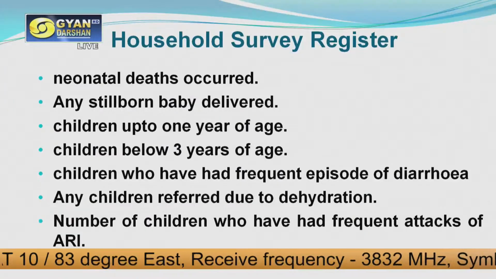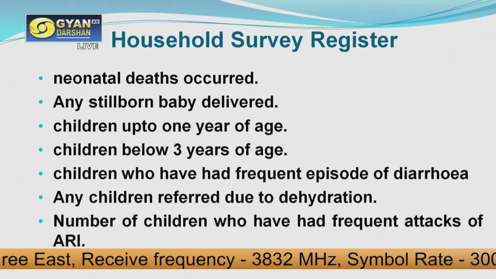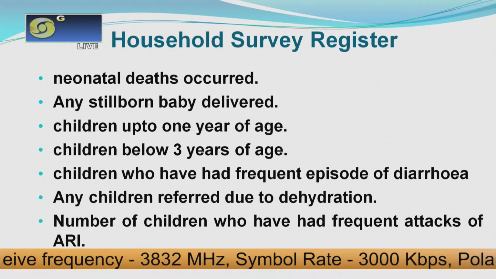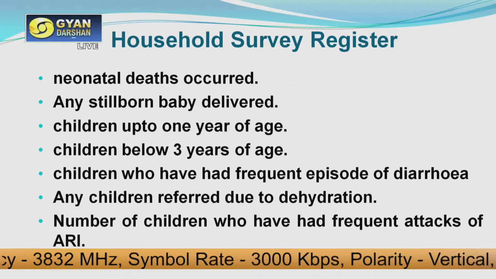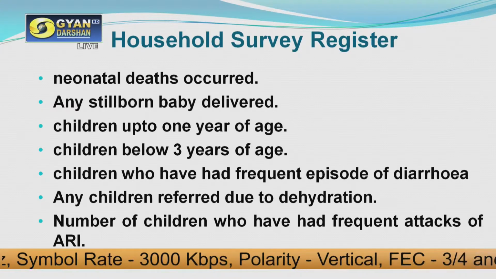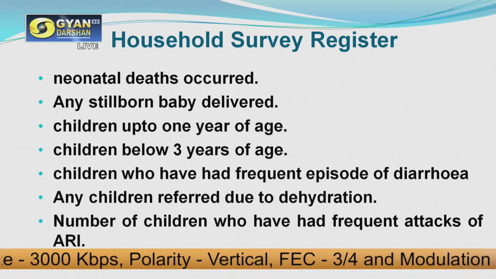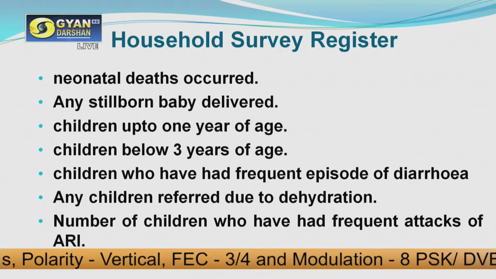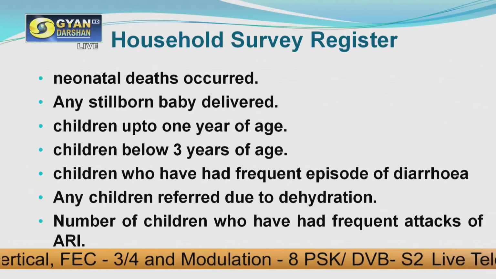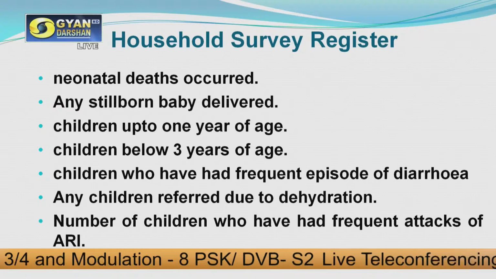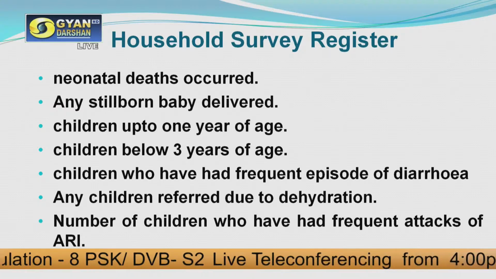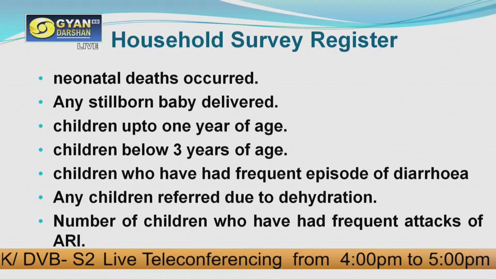Then neonatal death, if any occurred, any stillborn baby delivered, children up to 1 year of age, children below 3 years of age, and children who had frequent episodes of diarrhea. You also have to make a record in this register. Any children referred due to dehydration, children who had frequent attacks of acute respiratory infections, you can record.